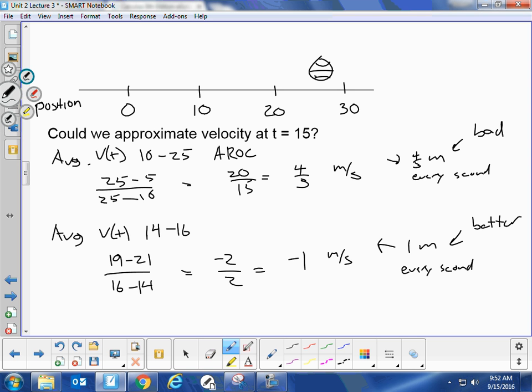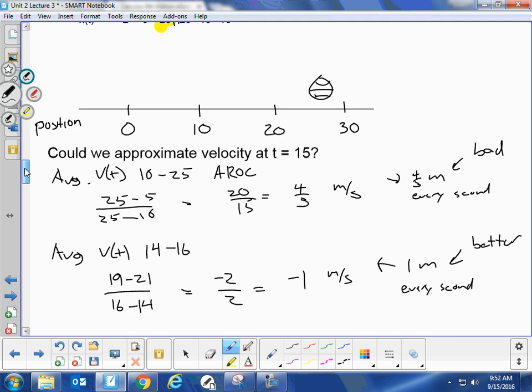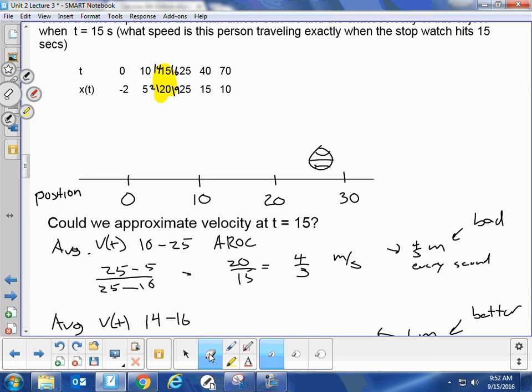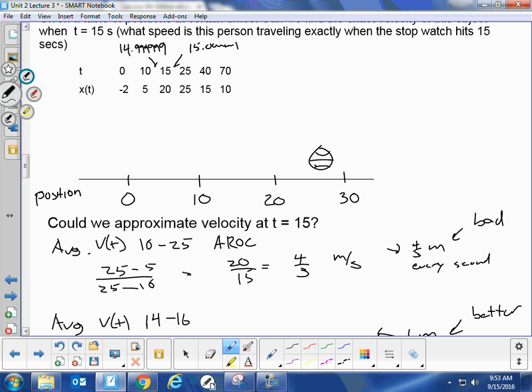Okay, well, Mr. Folsom, what would give me the best approximation if I had what values? Right, if I had my position not at the 14th second and the 16th second, what if I had the position at the 14.999999999 second? And what if I had the position at the 15.0000000 first second?